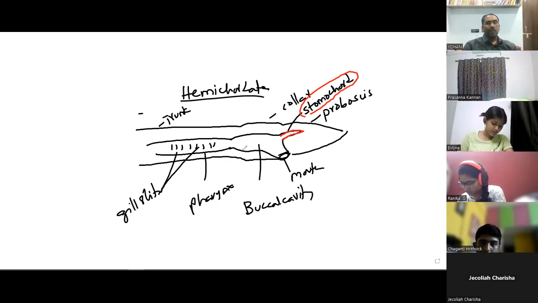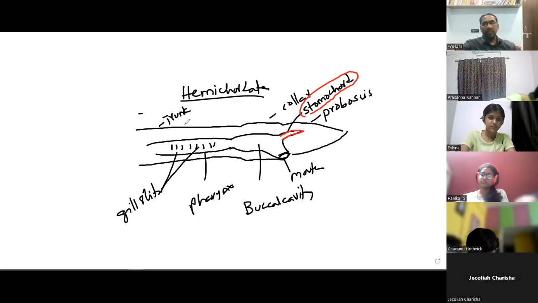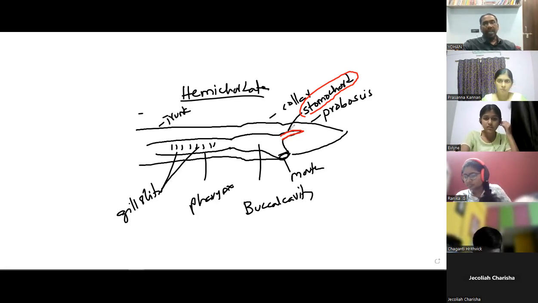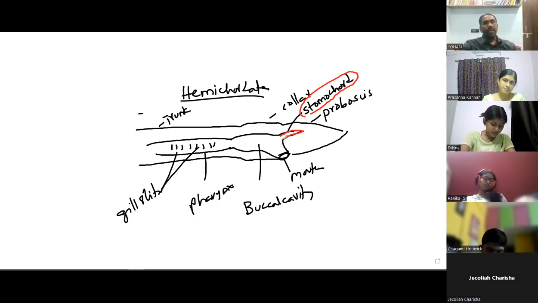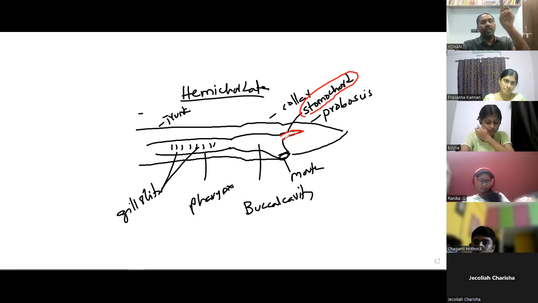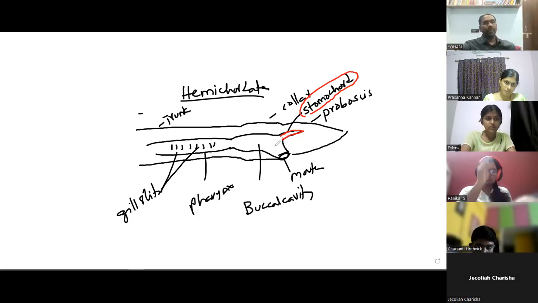Hemichordates have a rudimentary structure in the collar region called stomochord. See, this is the collar region. It has a rudimentary structure, this structure similar to notochord. Yes, similar to notochord. Because of that reason, initially it was placed in chordata.